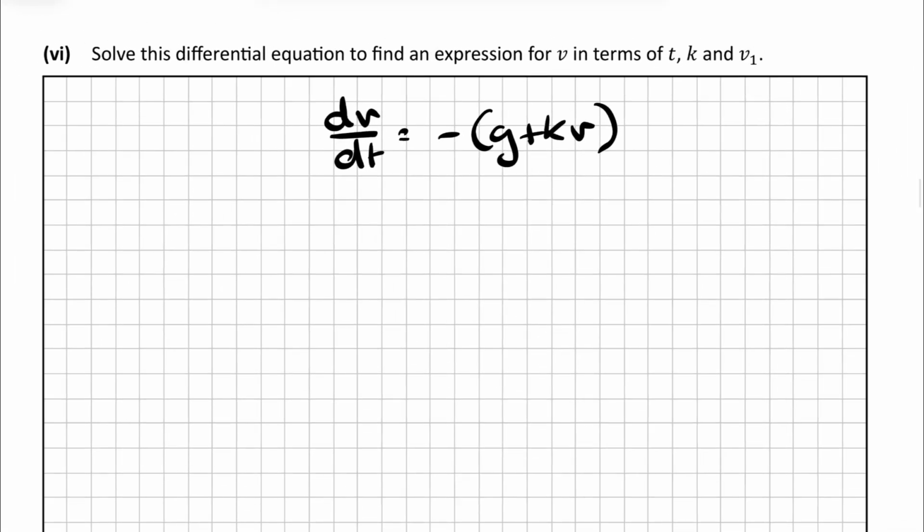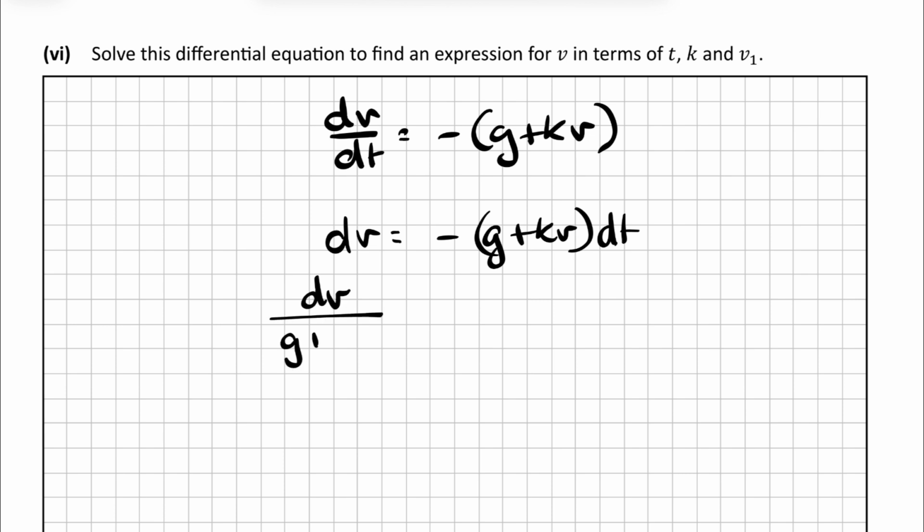What I'm going to do first is rewrite it to be dv equals this stuff times dt. Then I'm going to get rid of the g plus kv and put it underneath here. So I get dv over this stuff equals minus dt. Got to integrate both sides.